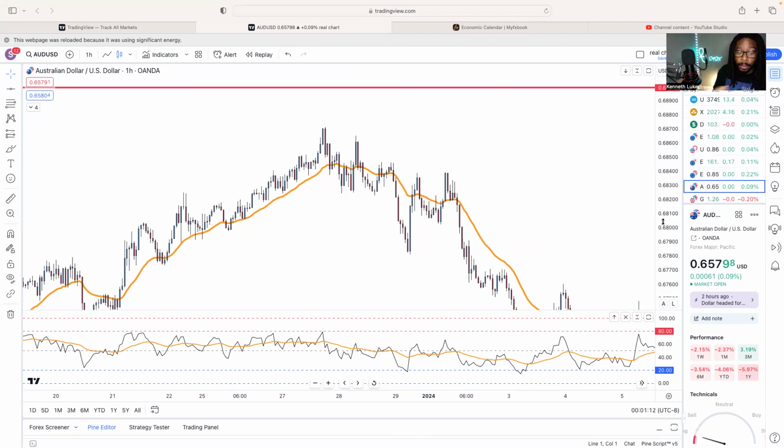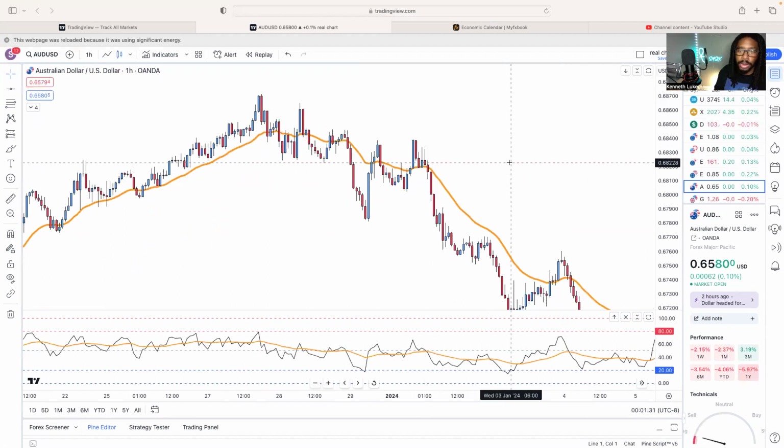We could also take a look at harmonics, which are like triangle chart patterns and things of that nature. But just to name a few, we don't want to go too crazy. A lot of people give you the runarounds. I just want to be straight to the point and keep it pushing.